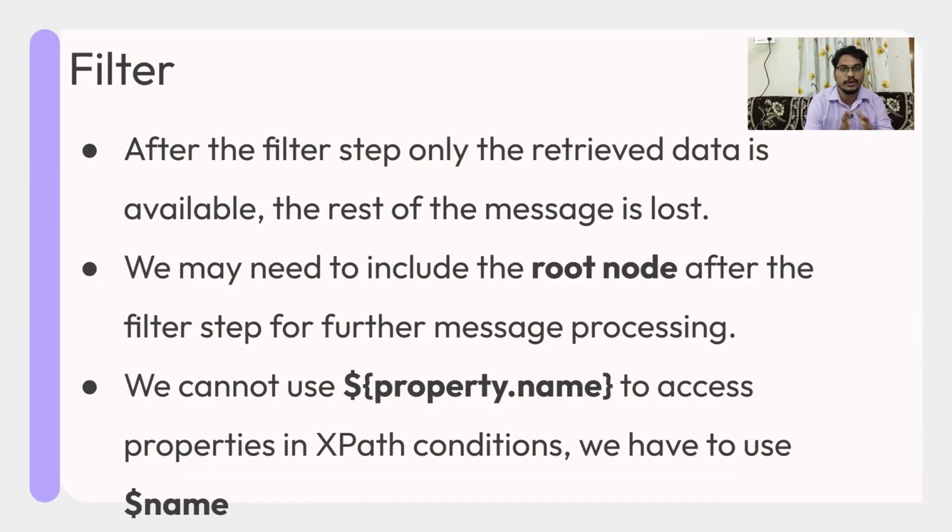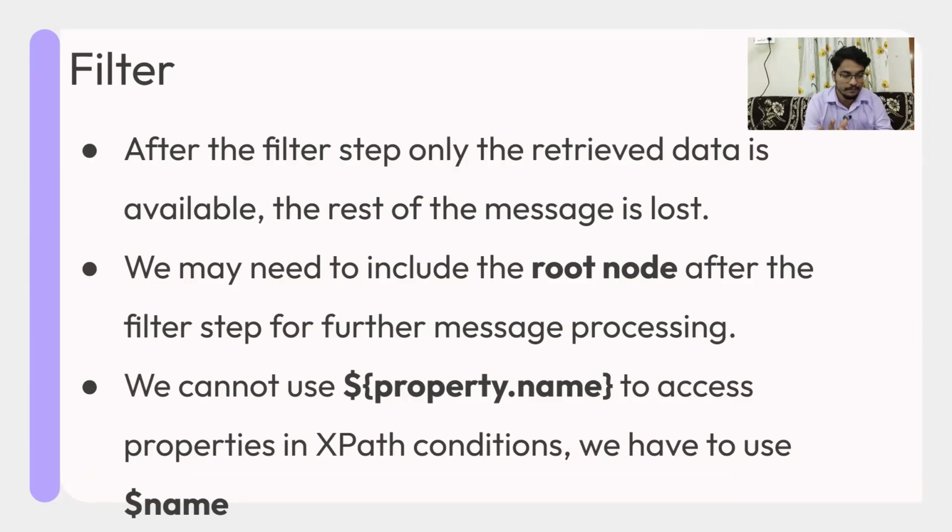So we need to include a root node to process our XML document, right? We all know that a valid XML document must contain a root node, right? So we need to be aware, before we include any steps after the filter, to check if this root node exists or not.